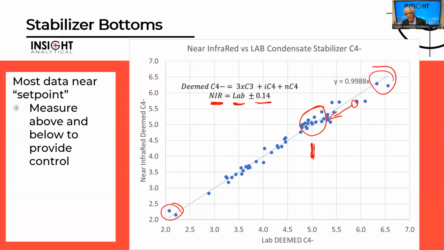So some of the advantages the analyzer provides you is, suppose it had a problem at the plant and one of your reheaters for the condensate stabilizer was down, or you had some issues with getting the condensate stabilizer hot enough. So you ran down here for a few days. Well, if you know from the analyzer, I ran around 3.5 for a few days, that pipeline guy is going to get a monthly average.